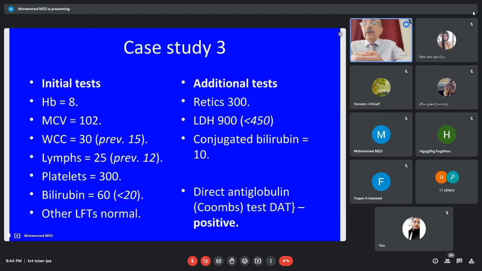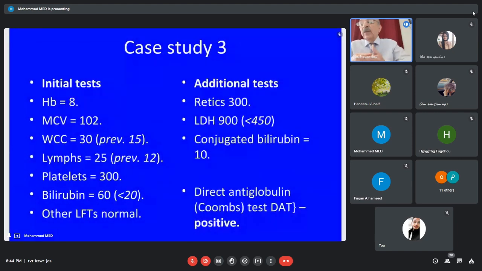In the next slide, we checked the complete blood picture of the patient, and what we have seen is a hemoglobin of 8, which is moderate anemia. The MCV is 102. The MCV is high. And does this go with hemolysis? Yes. Why?